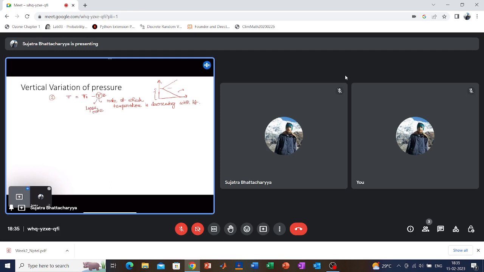There are many lapse rates in atmospheric thermodynamics. One is the dry adiabatic lapse rate. Let me write it here. Just note it down, dry adiabatic lapse rate. Then you have moist adiabatic lapse rate.